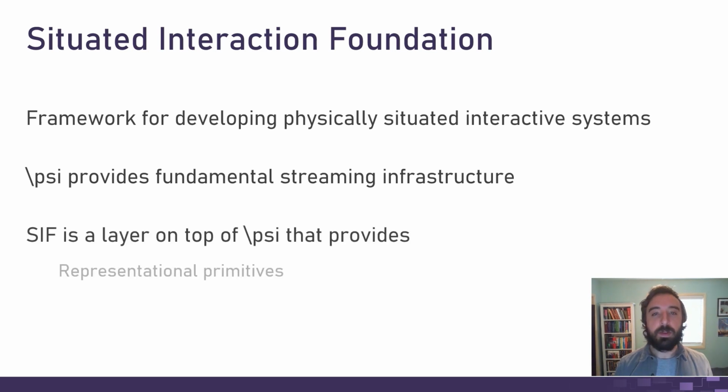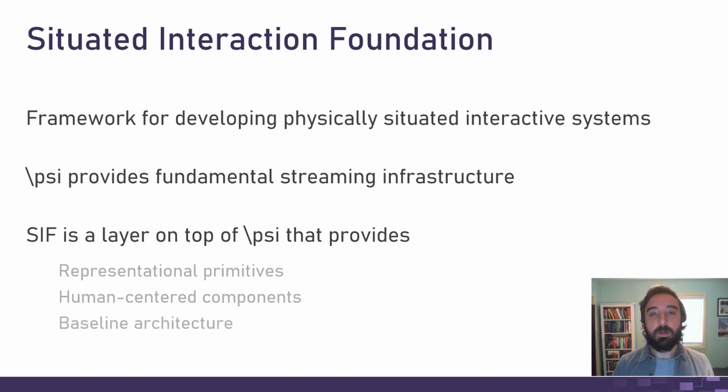And so to build them, we need representational primitives to model and reason about interaction. And so we draw from research in areas like collaborative activity theory, sociolinguistics, and context analysis to create those. We of course need an array of components that enable reasoning about humans and the activities of humans in the world.